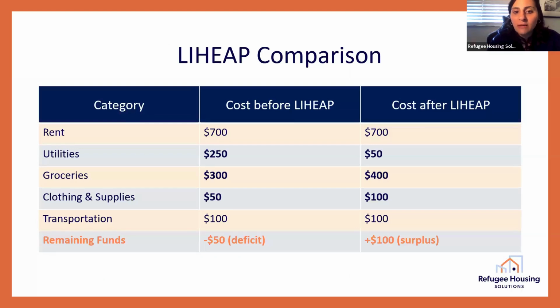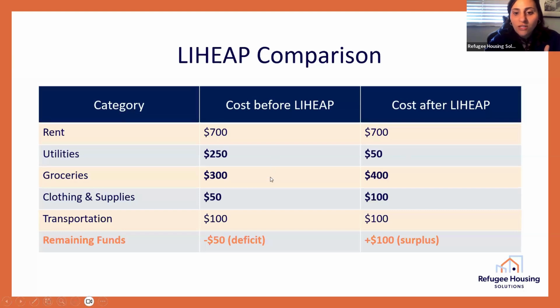Here's a good LIHEAP comparison table that we wanted to give you. It's an example. They could use it however they like in real life. But for here, we wish rent would be 700, but for this example, let's just say it's 700. Before LIHEAP, it's still going to stay the same, their rent costs, because LIHEAP is not going towards rent, it's going towards their utilities. So you can see the drop of $200 from before LIHEAP and then after LIHEAP.